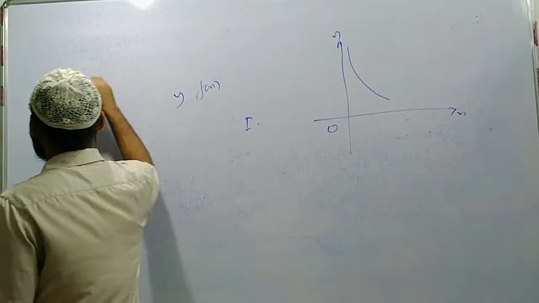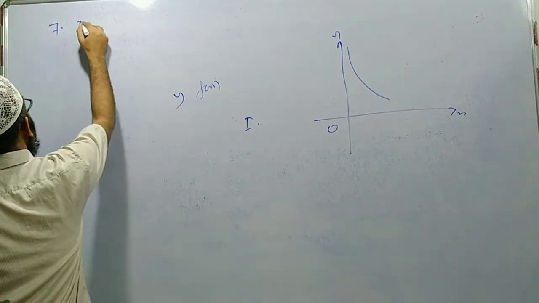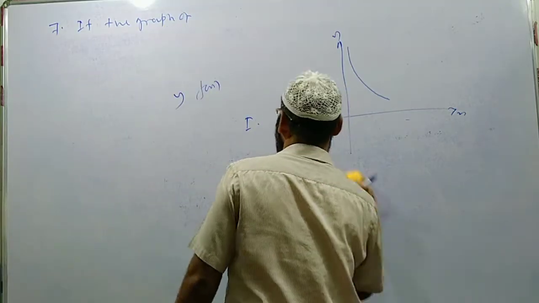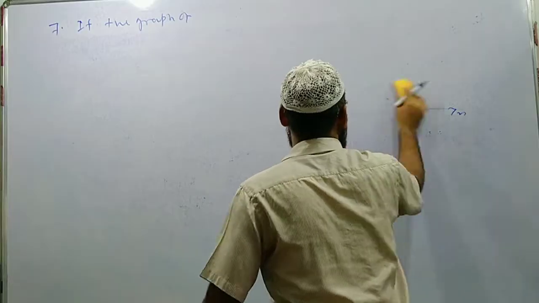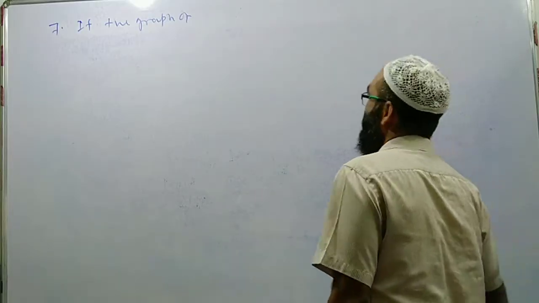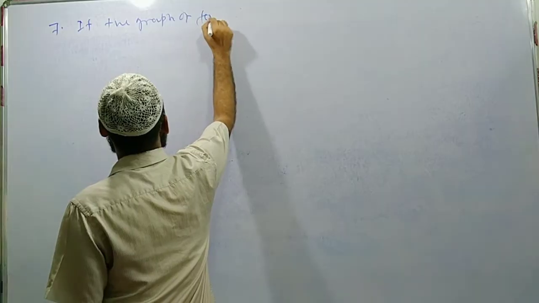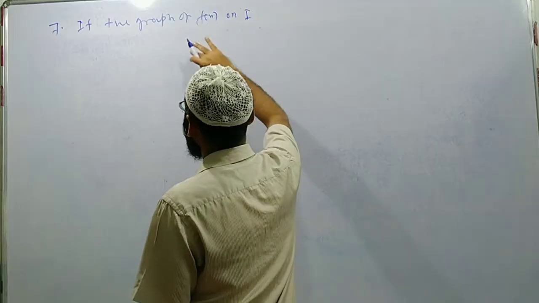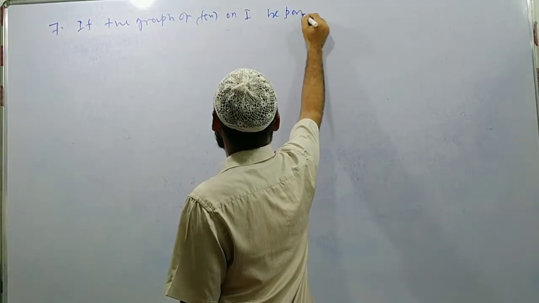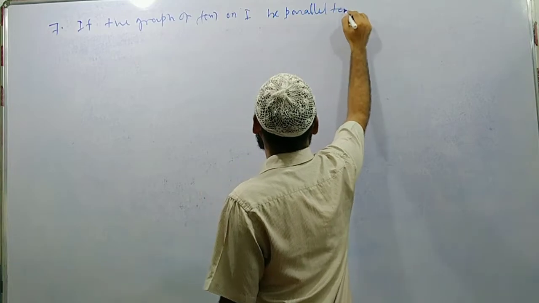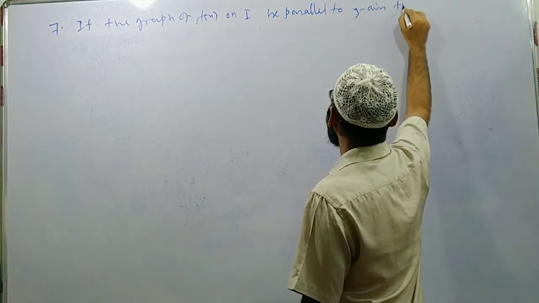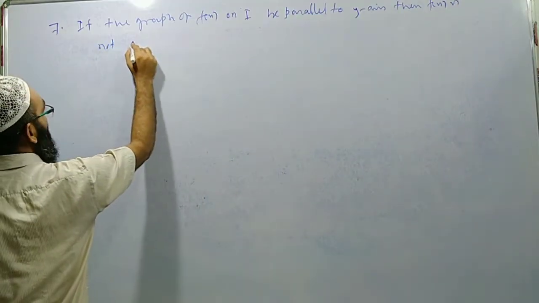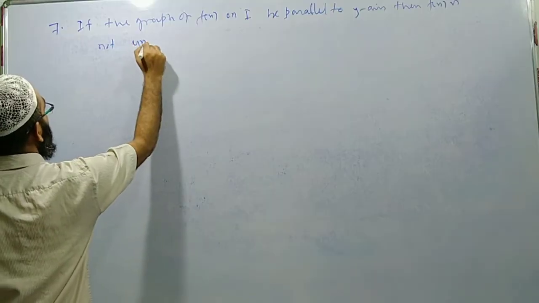Next, technique number 7. If the graph of f(x) on an interval I is parallel to the y axis, then f(x) is not uniformly continuous.